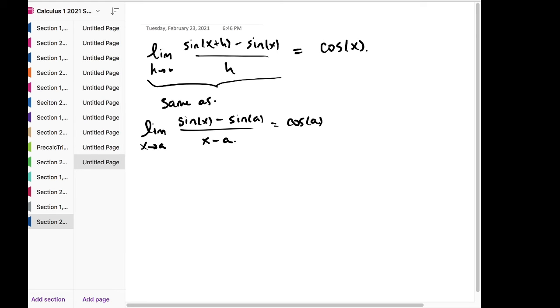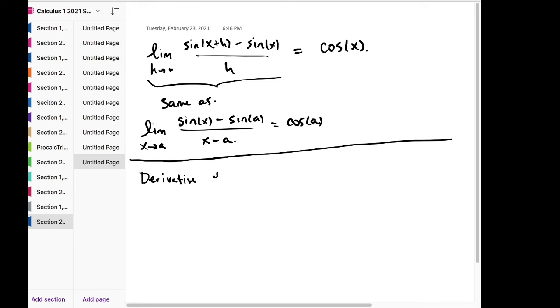Okay. So if we know that, let's say if we want to find the derivative of f of x is equal to x sine of x. Now, same conundrum. I don't want to go through the whole limit definition again.